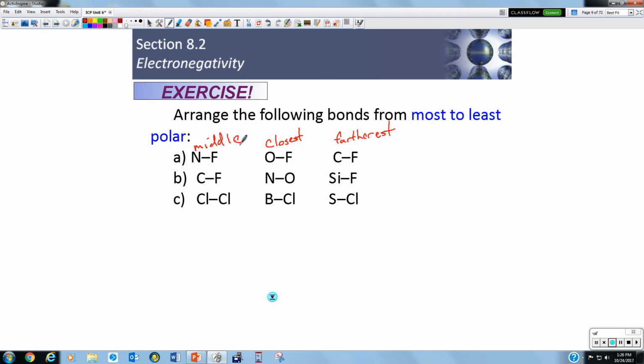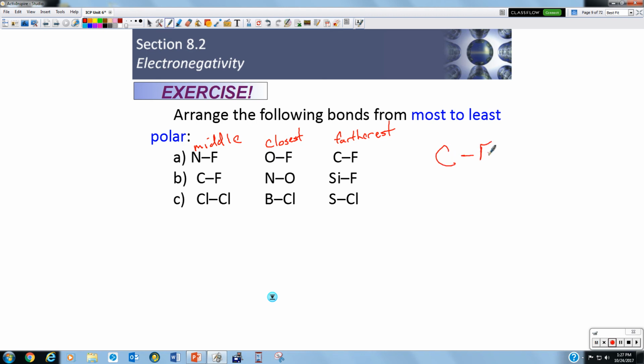Now, the question it's asking is, which is the most polar? So the most polar will be the one that's farthest away.